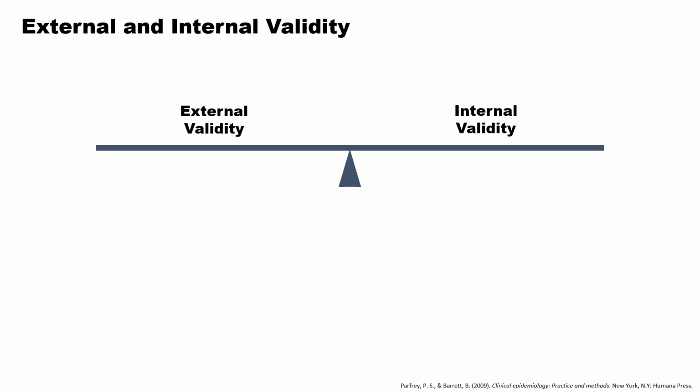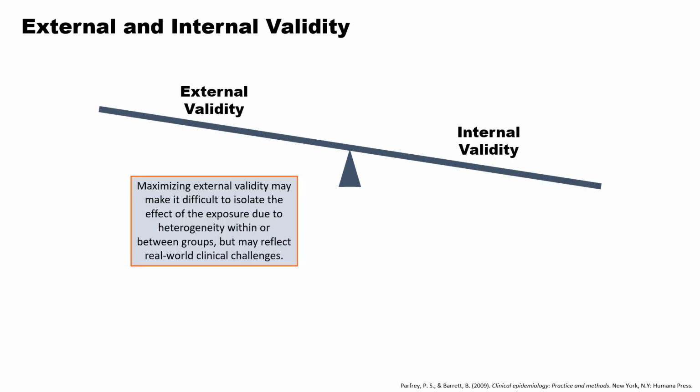So internal and external validity are a balance between each other. On the one hand, if we maximize external validity, it might make it difficult to isolate the effect of an exposure because there's heterogeneity within or between groups, but it may reflect real-world clinical challenges.